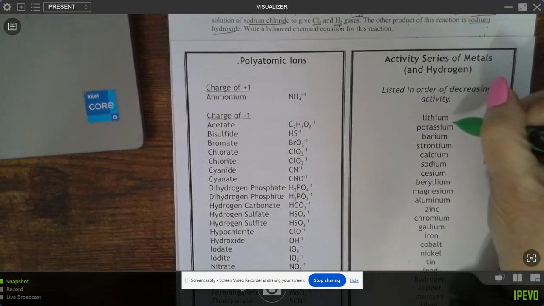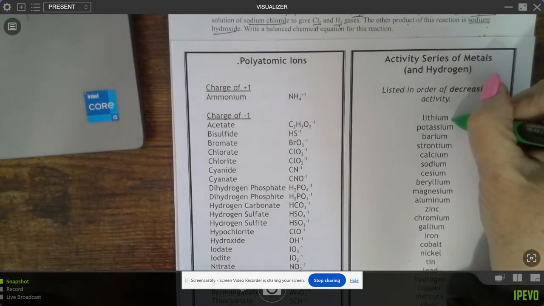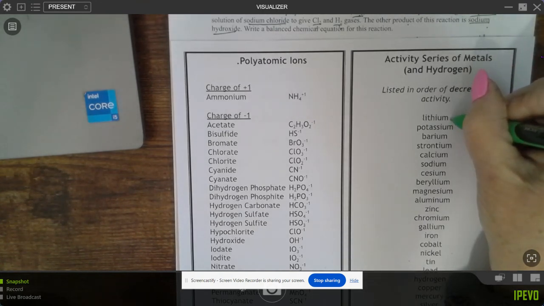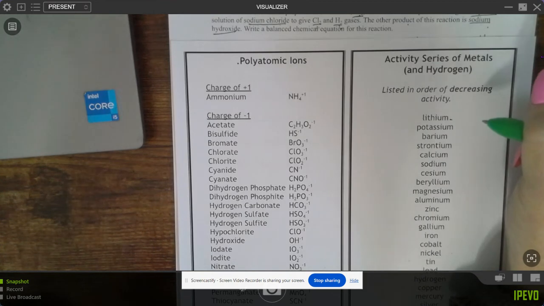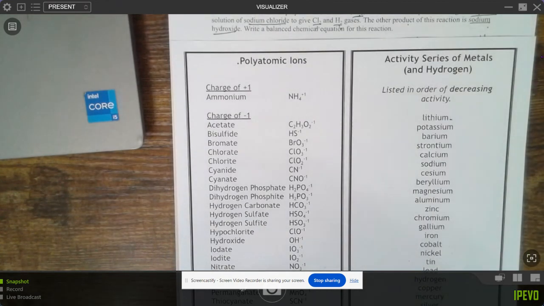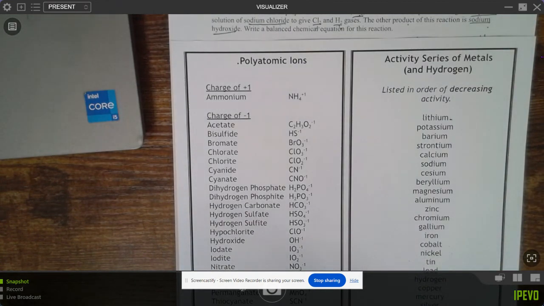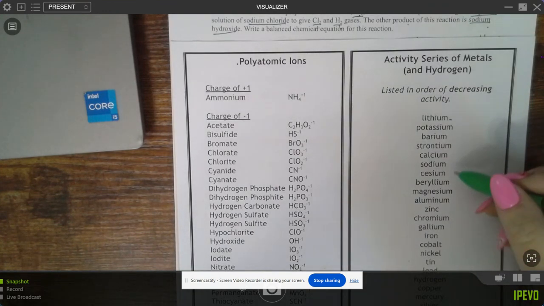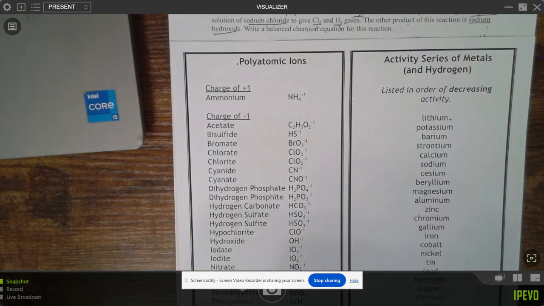Lithium is our element with the most style. Lithium is the element that is always going to end up as part of a compound. If it's an option, lithium will be part of a compound. It will not just be by itself. And then as we go down the table, the elements get less reactive.